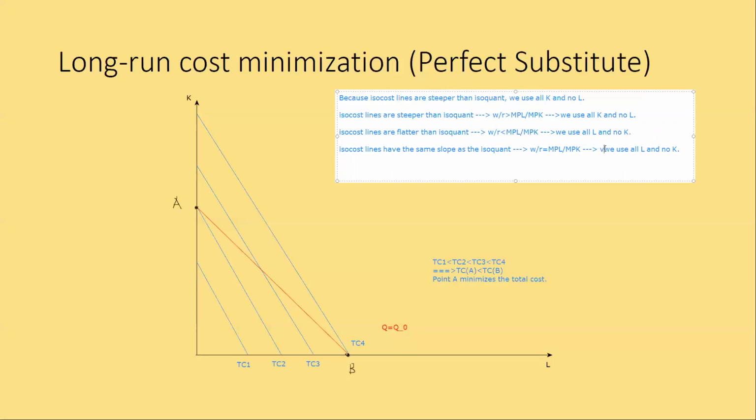Then any point on the isoquant is going to incur the same total cost for the firm. And all of them are going to be basically the same. And let's call this case 1. Let's call this case 2. And call this case 3.